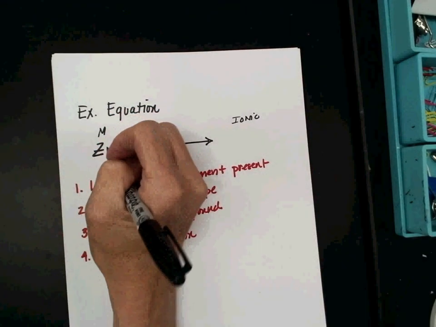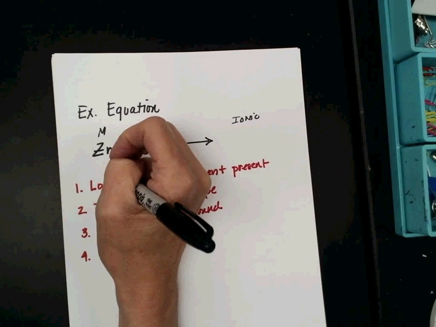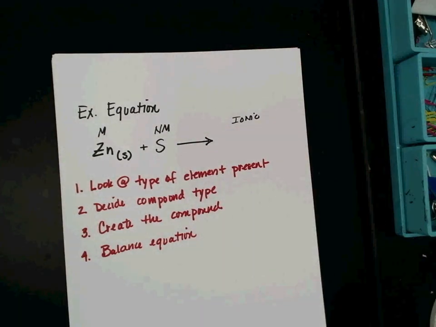What is it, Kins? Can you not find zinc?